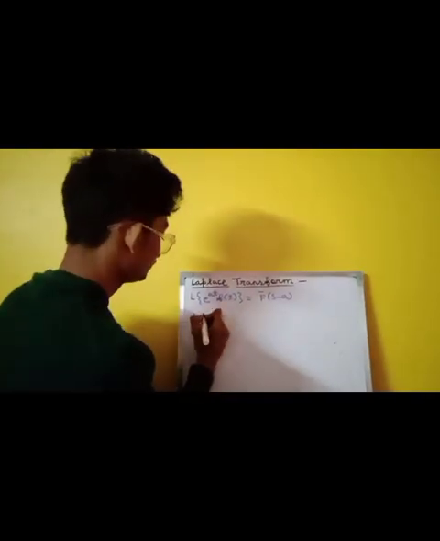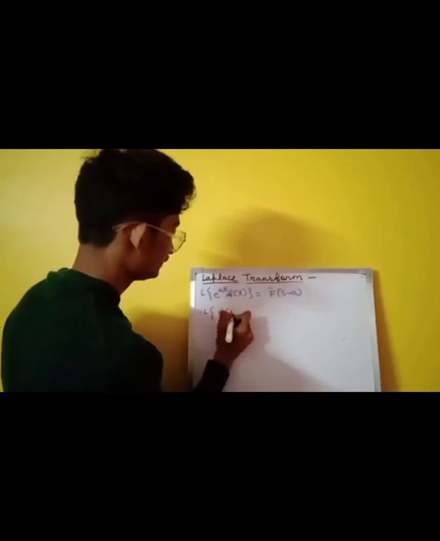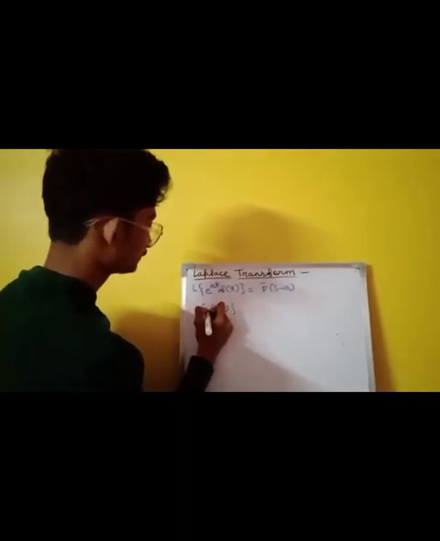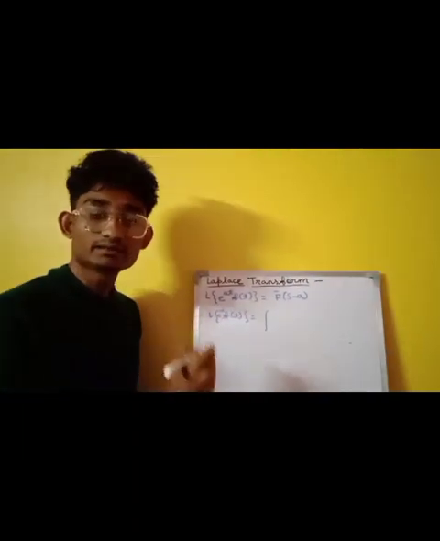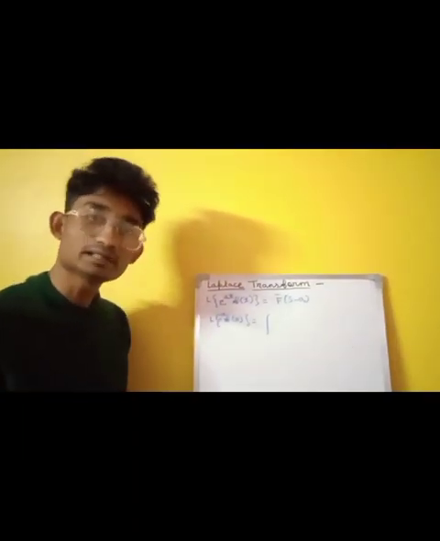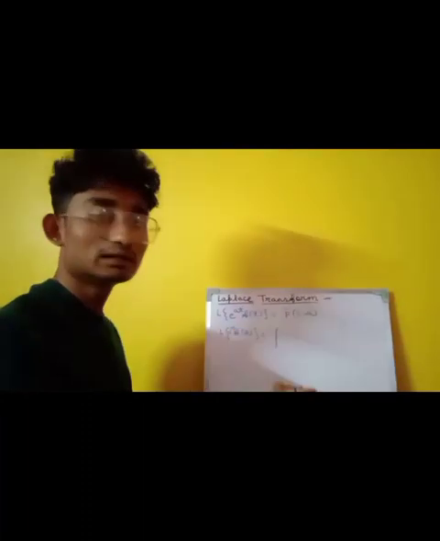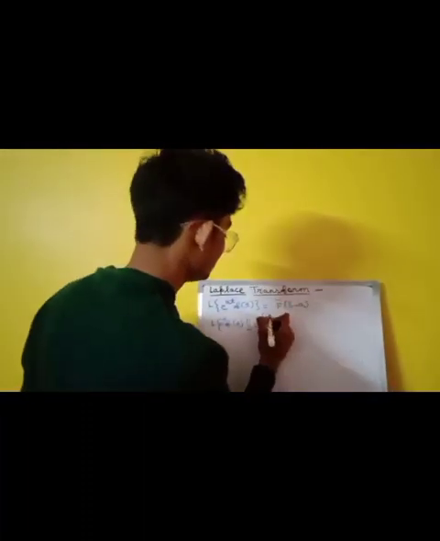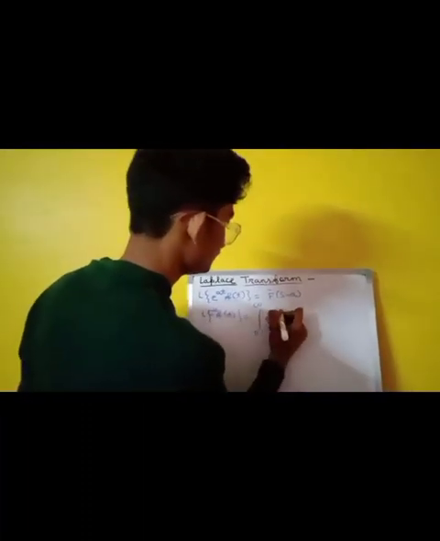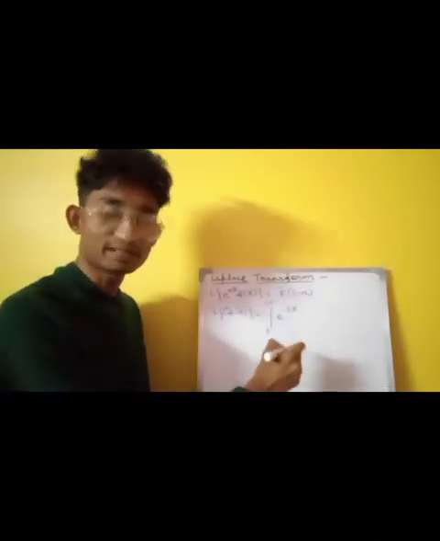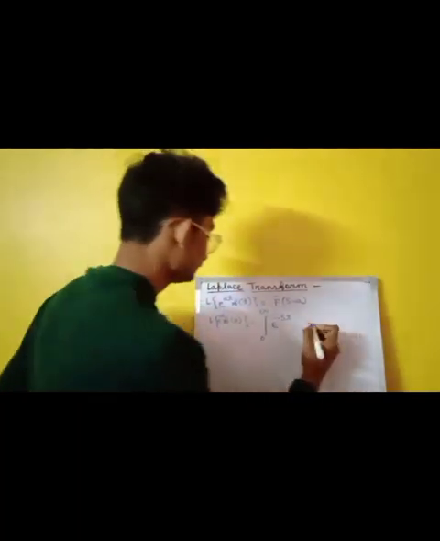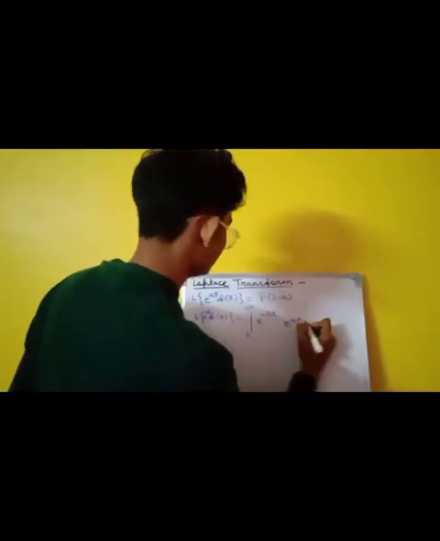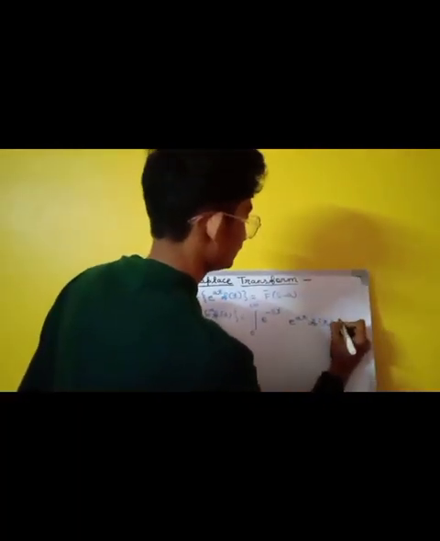Laplace means the combination of three things: an integral whose lower limit is 0, upper limit is infinity, e raised to power minus st, into the factor we are dealing with. The factor is e raised to power at into f of t dt.